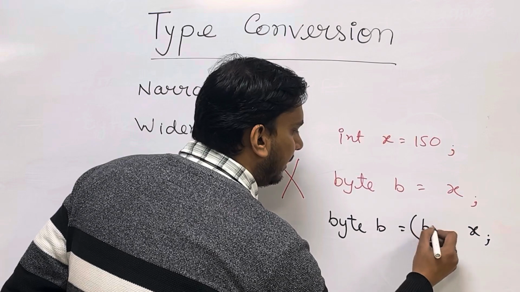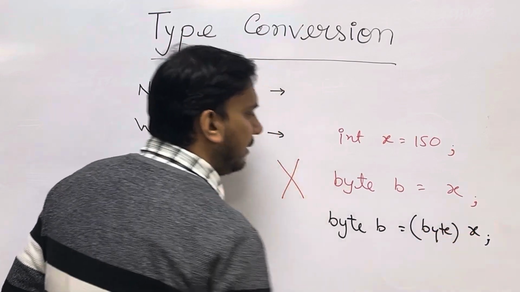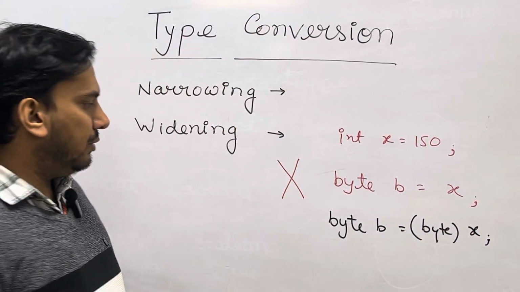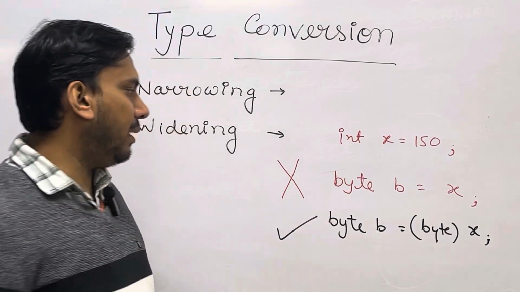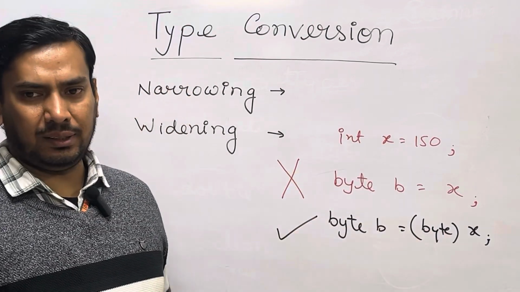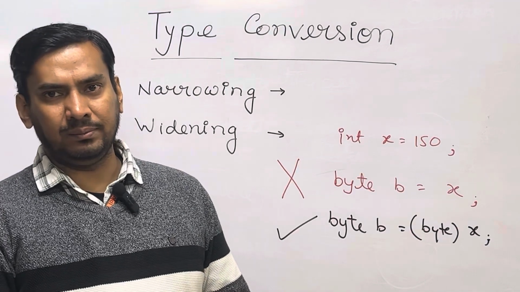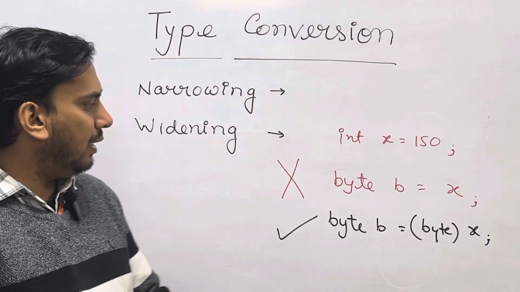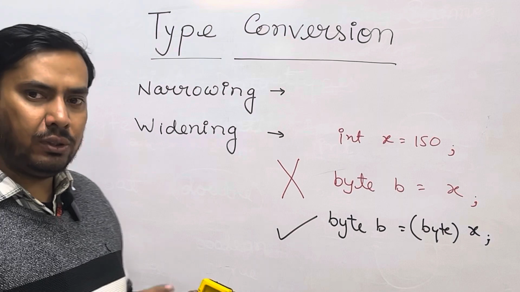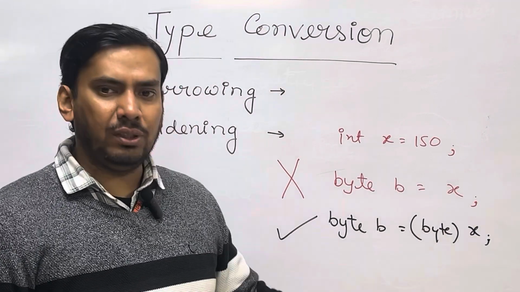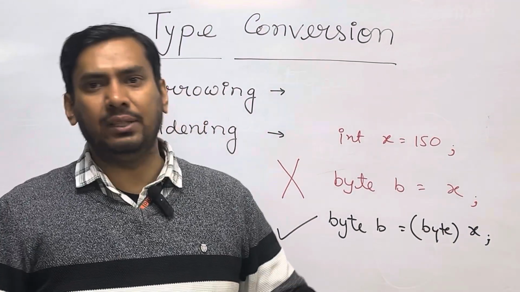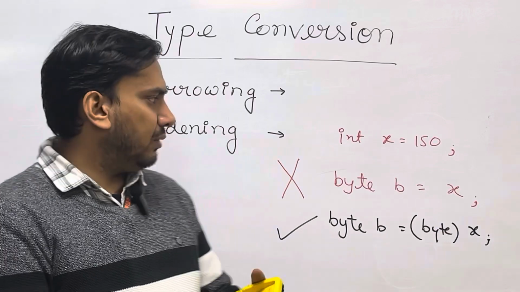You have to mention that okay, I agree to convert it to byte. So this code will compile, but the earlier code will not compile. This process is called narrowing. You can also typecast, meaning do the narrowing, for an individual value, or you can do it for an expression also.